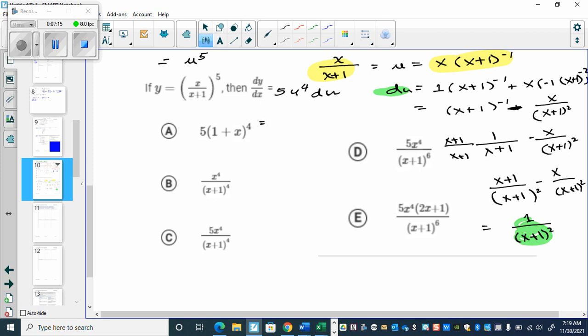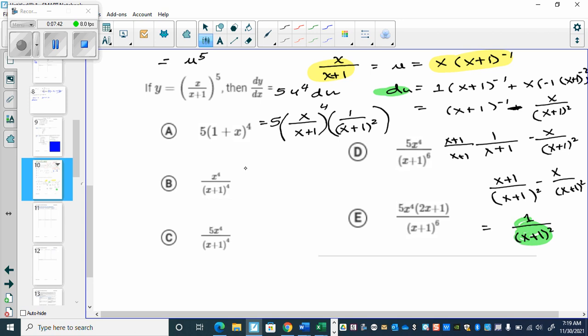That's going to be 5, and my u is x over x plus 1 to the 4th times d sub u, which is 1 over x plus 1 squared.